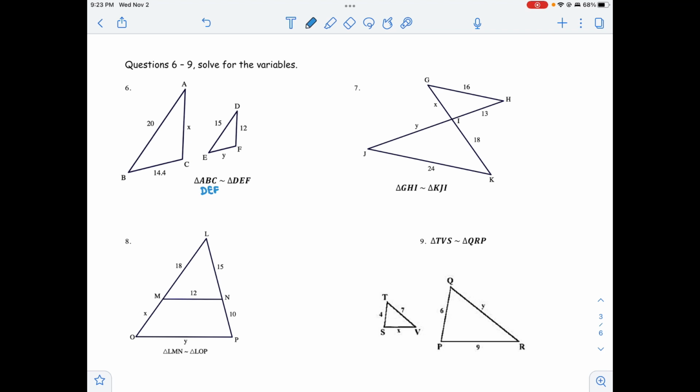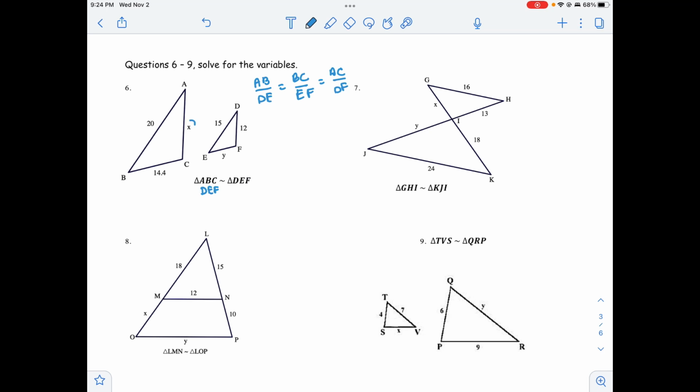We need an X. So A to C would be the same thing as D to F. So if we think about what's familiar, we can write your 3 ratios. You have your A to B over the D to E. You have your B to C over E to F. And then you also have your AC over DF. So you can kind of write those out to help you make your ratios.